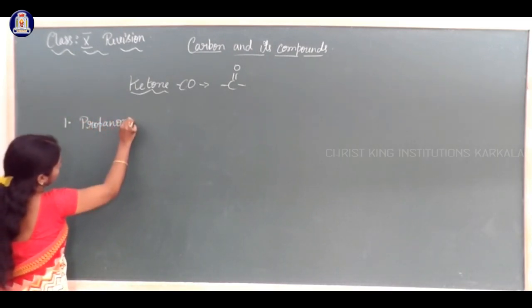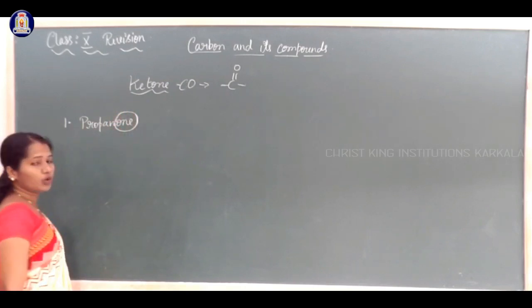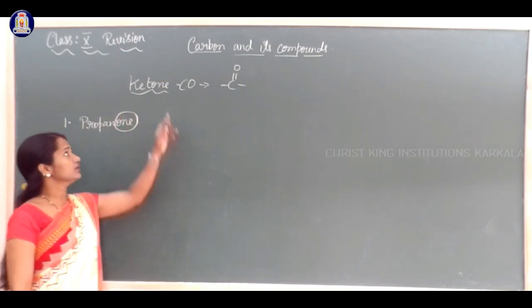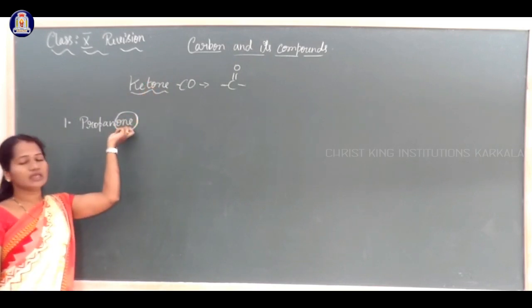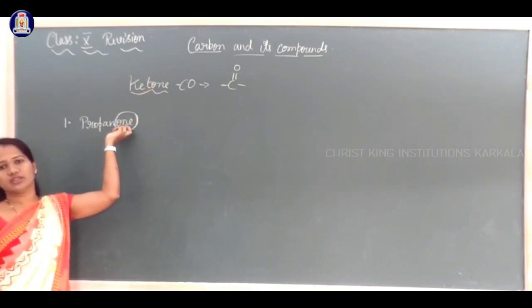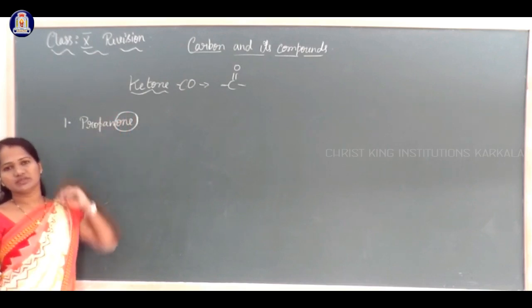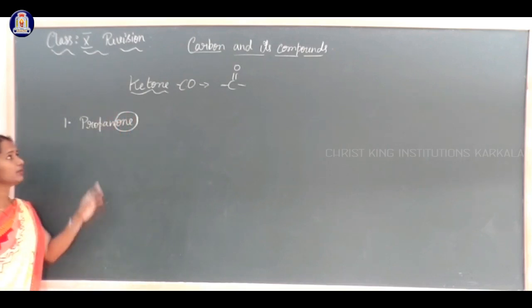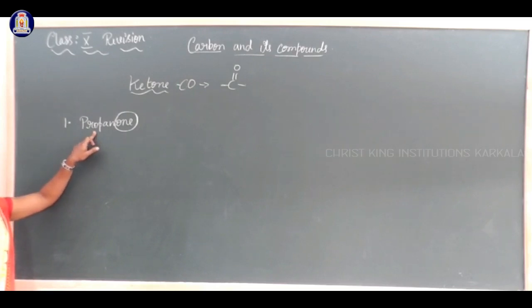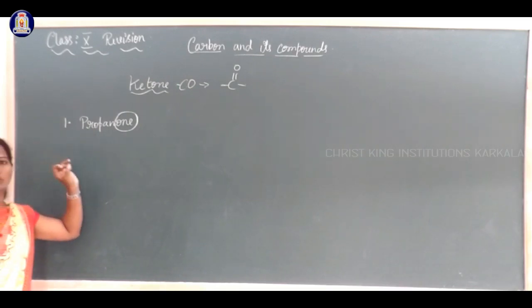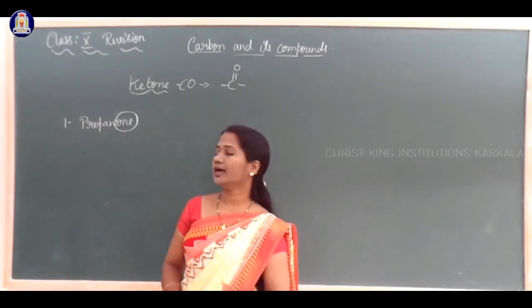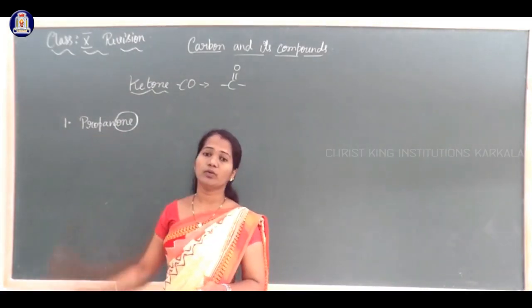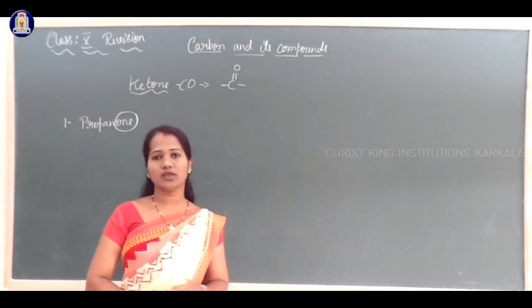We have to add the suffix ONE, from the ketonic group, for the members of this ketone group. The first member of the ketone family contains 3 carbon atoms. For 3 carbon atoms we name it propane, so propanone is the first member of the ketone group.